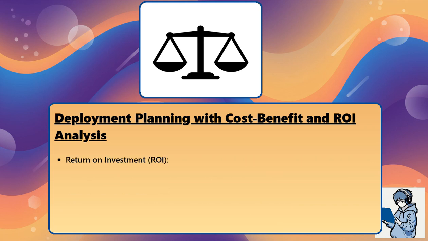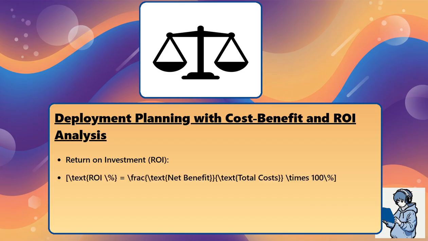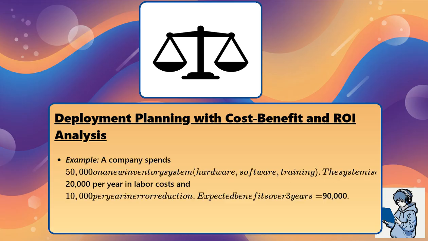Return on investment, abbreviation ROI. ROI percent equals net benefit divided by total costs times 100%. Example: a company spends $50,000 on a new inventory system, hardware, software, training. The system is expected to save $20,000 per year in labor costs and $10,000 per year in error reduction.